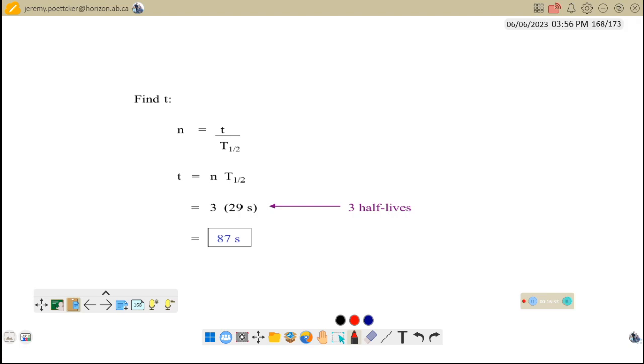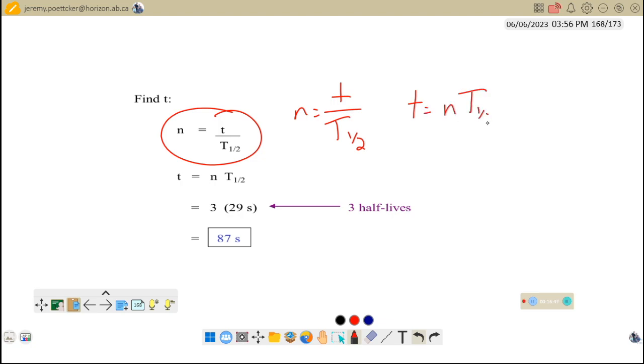I said, oh, I have 3 half-lives. 3 times that is going to give me the total time for the experiment. But I can use this formula, and n is equal to t divided by T1/2. And I want t, so t is equal to n multiplied by capital T1/2. T is equal to, just like I said there, 3 times 29 seconds. Beautiful.